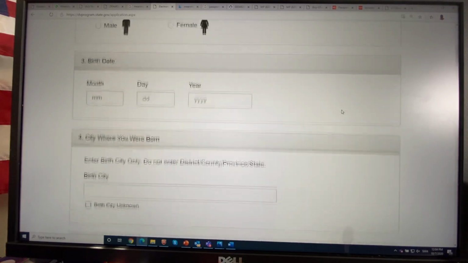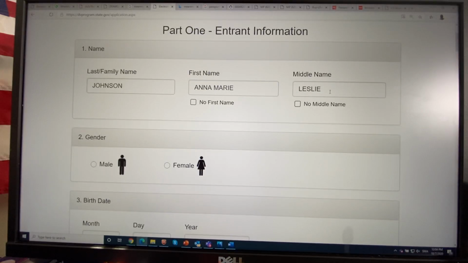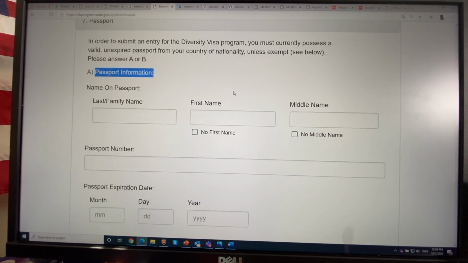If you have two names, for instance, some people have two first names or two middle names, make sure that you arrange the names properly. You can go to the video where I've explained how to arrange these names. But the names you put here in the DV lottery application must be the names which are on the passport, not the names in the birth certificate. Remember, you might have different names on the birth certificate.